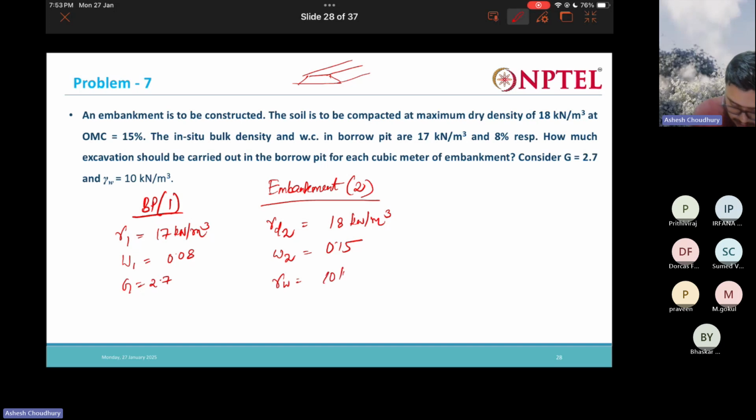Gamma w is asked to take 10. Now I can get the bulk unit weight of this embankment, right?